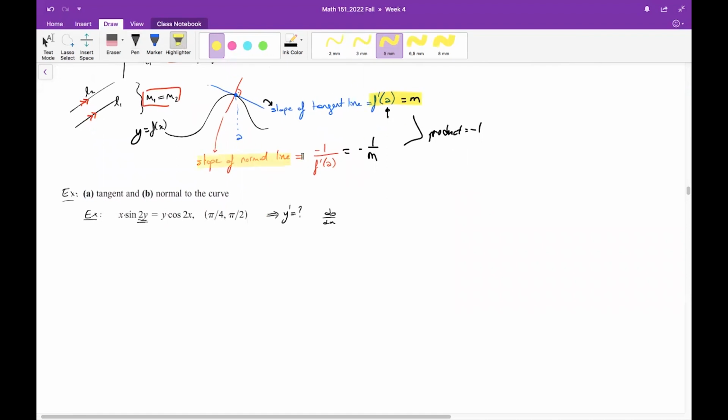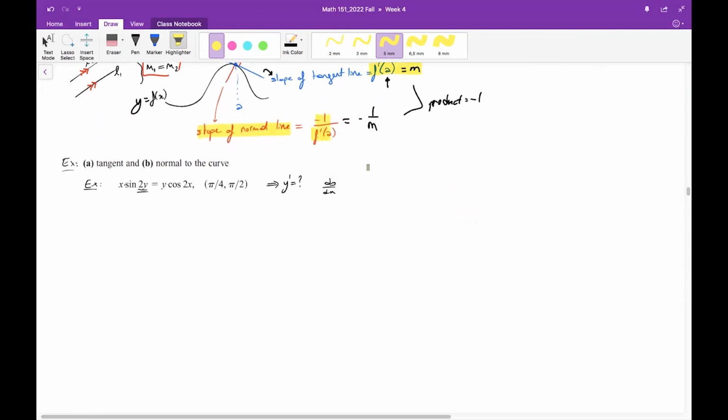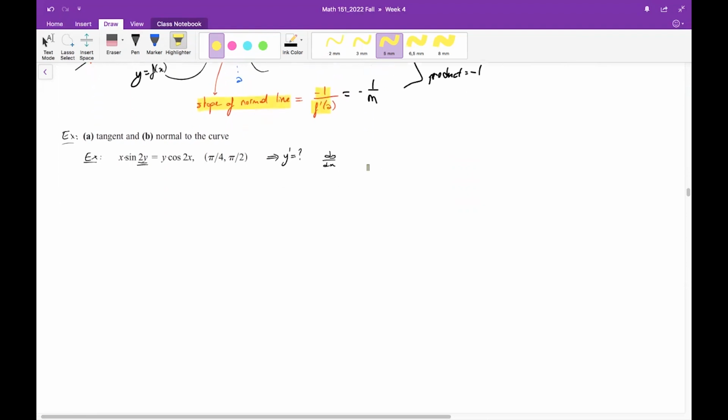Here is a nice question for you about this fact. Let me emphasize the important parts. We want to find the equation of the tangent and normal line to the given curve. This is an implicit equation defining our curve.